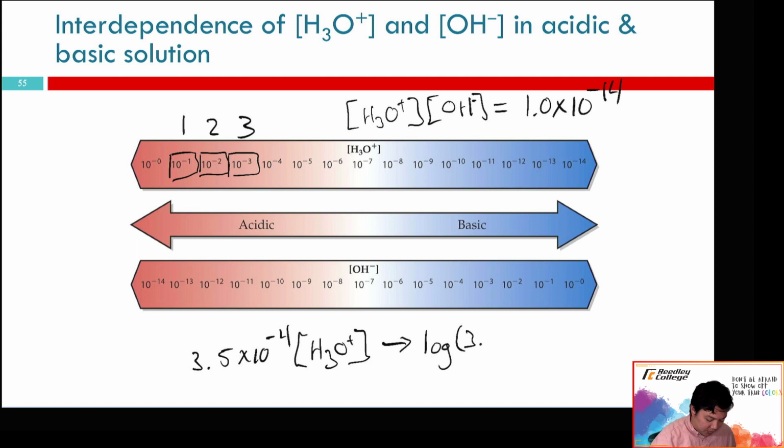And you just type in 3.5 times 10 to the negative 4. So we're going to do log 3.5 e negative 4. And our answer is going to be negative log, because we want the negative log as the pH. We're going to get 7.86. Or I guess we'd use two significant figures here, but this would be our pH.